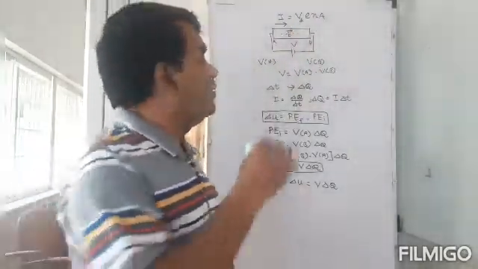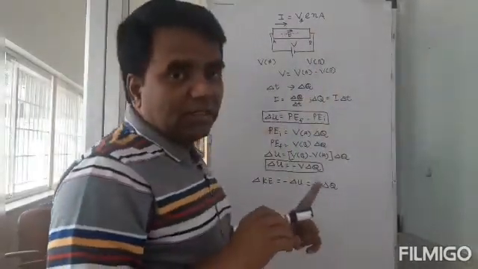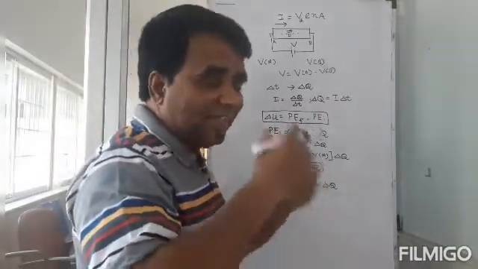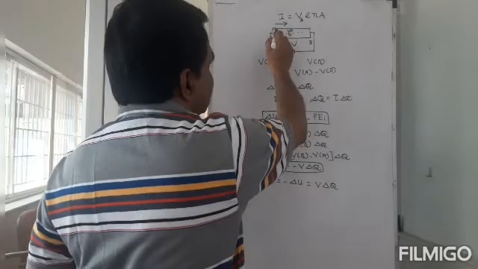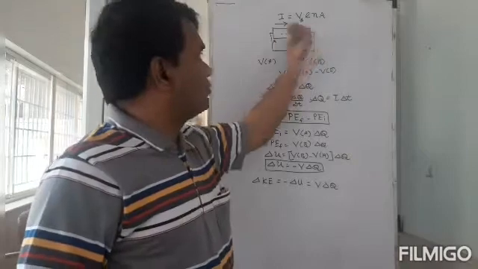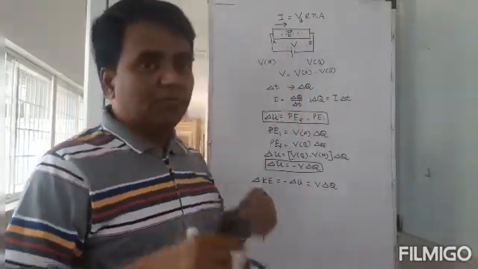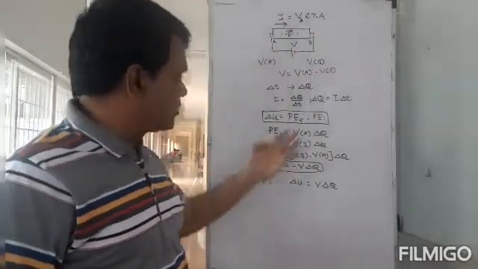Notice here again, electrons are moving from here to there, but we are taking the equivalent case, where positive charges are moving from this end to that end. In reality, electrons are moving this way. The negative charge is moving in this direction, which is equal to positive charge moving in the opposite direction. Okay? So that's what we've taken now.